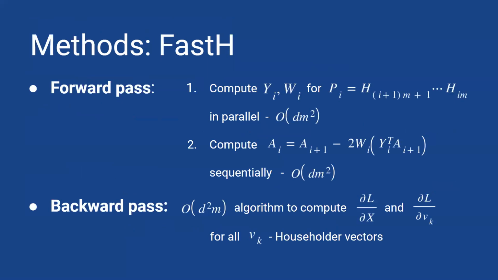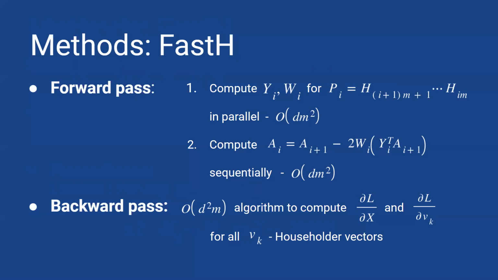In the algorithm, there are two steps. The first is to divide the initial set of Householder matrices into d/m parts and compute the corresponding matrices Y and W in parallel. And then we compute the product of the obtained subproducts sequentially. There are d/m matrices in sequential multiplication.